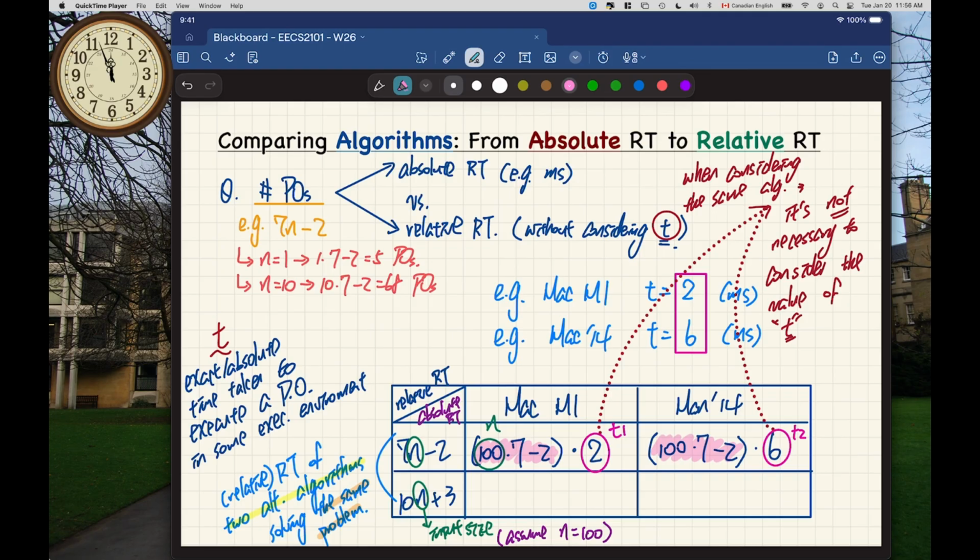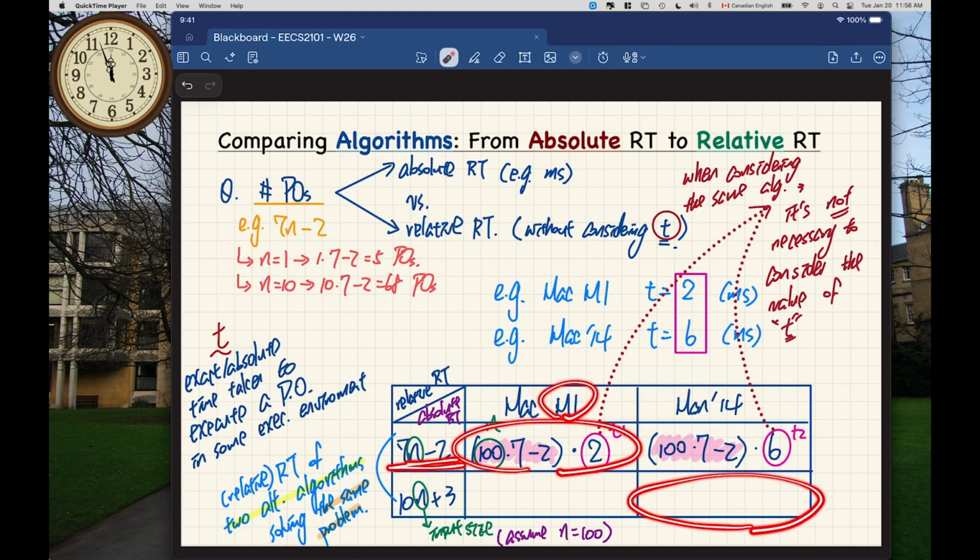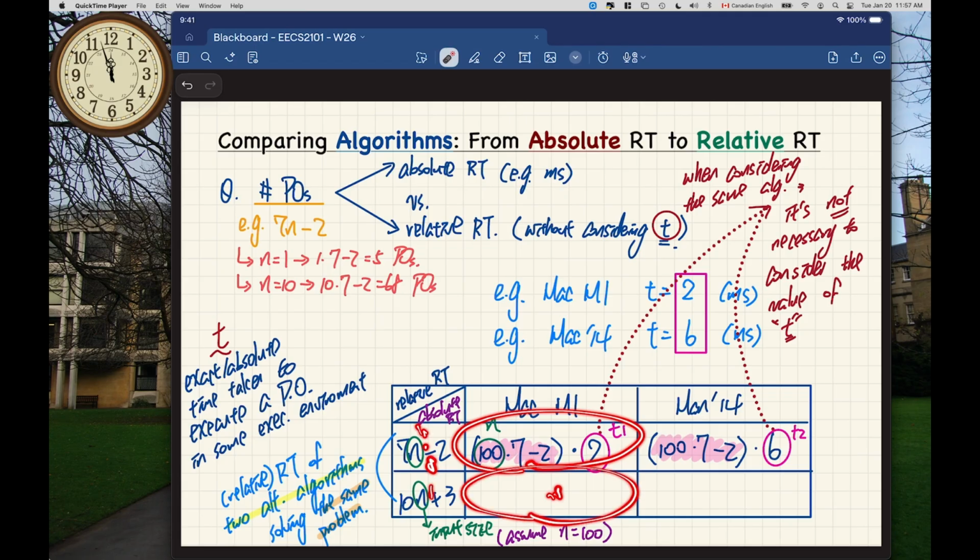Point number 2, which is more important. What if we consider these two, like 7n minus 2 and 10n plus 3, right? We have to make sure we do a fair comparison. You shouldn't compare this one here, M1 for algorithm number 1, with a different platform for this algorithm. It's not fair. It's got to be the same platform, right? So if I want to compare which one is more efficient, I should fill out this cell over here in the same platform.